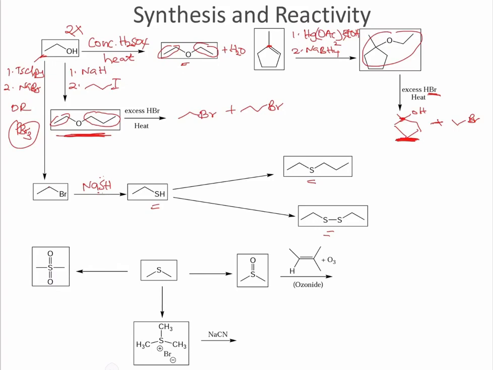A thiol can then undergo a reaction similar to Williamson ether synthesis, but what you need to know is thiols have a pKa of approximately 10. So therefore we do not need sodium hydride. We can just use sodium hydroxide, whose conjugate acid has a pKa of roughly 16, 15.7 to be specific.